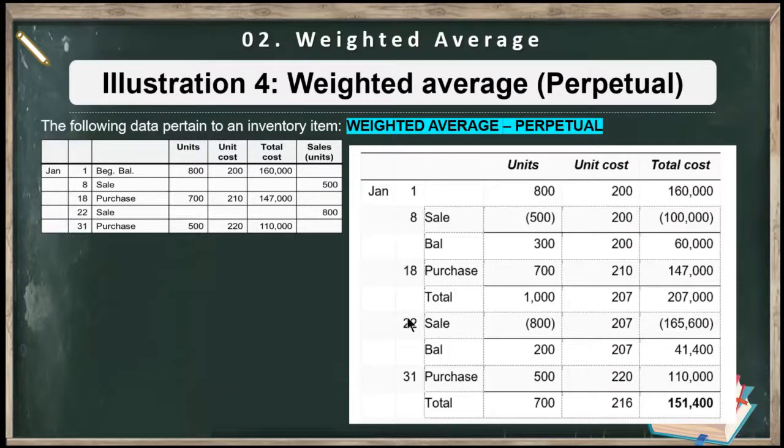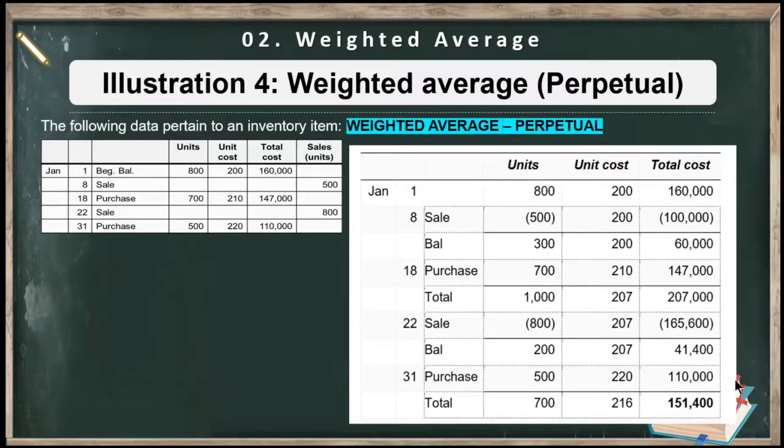You divide it by the number of units, 700, and you will get 216.29. To simplify, we round off the value to 216 pesos per unit.